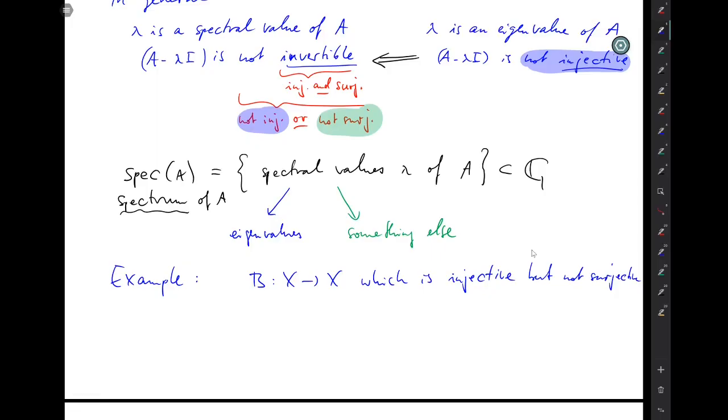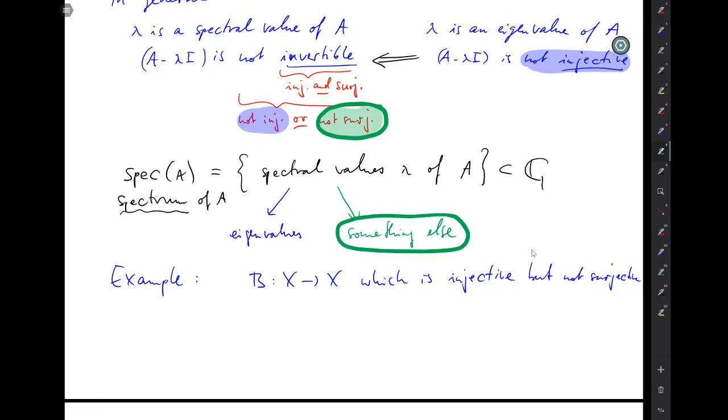If then B is your A minus lambda I, then you have found a value lambda where you are in the green case but not in the blue case. So indeed your lambda is one of these other points in the spectrum that are not eigenvalues.